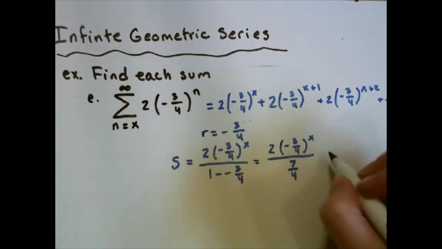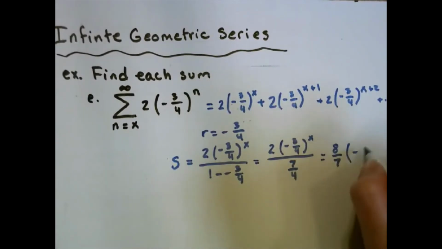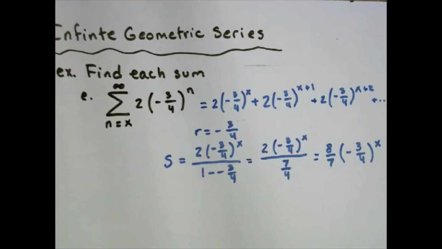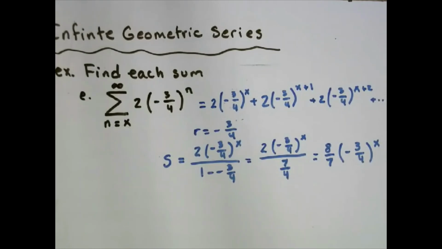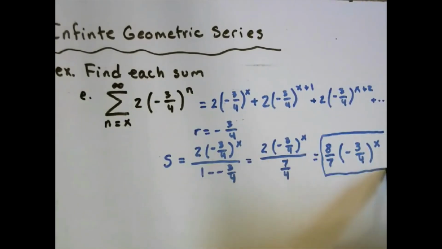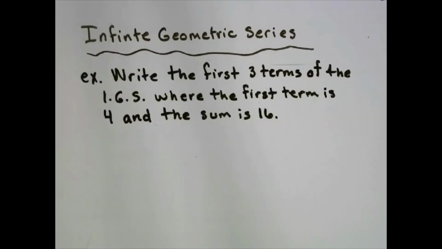So if I copy that, flip there, or multiply by the reciprocal, we're going to have 8/7 times negative 3/4 to the x. So our answer just ends up with an x in it, but that would still be the sum.